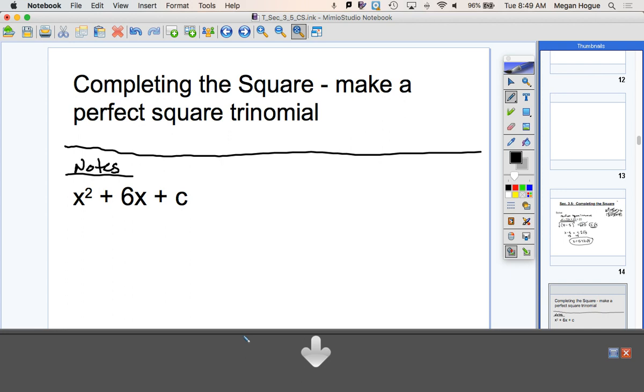They're going to have two terms, the x squared and the x term. And then that c is the number they want you to generate to make it a perfect square trinomial. Well, I think what's easier is to write it as x squared plus 6x and then put a blank.